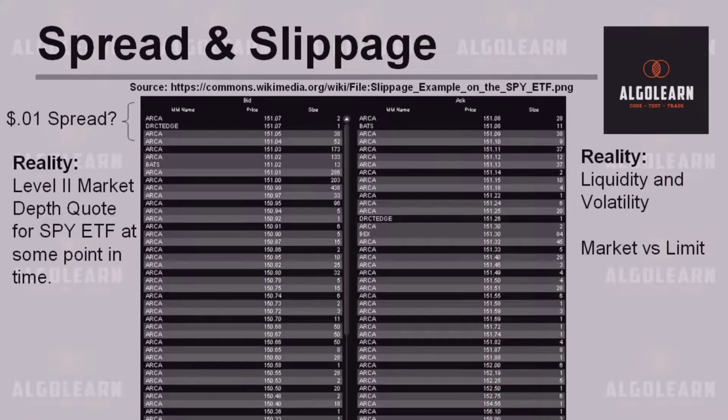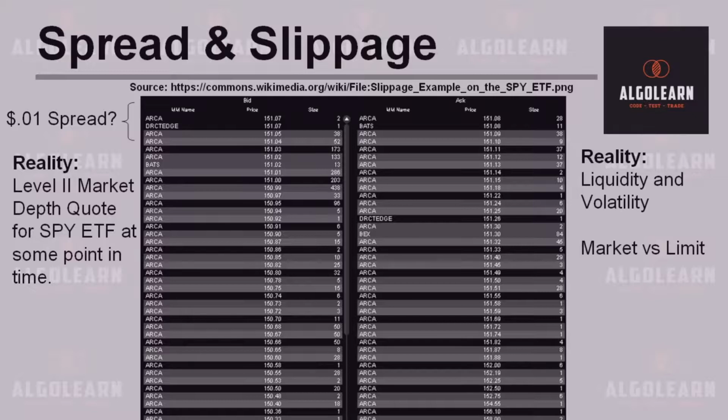Another view that I think you might find helpful is this spread, this slippage, if you will, and spread analysis. What we have here is a level 2 market quote of the SPY ETF at some point in time. A level 1 quote is probably what most people are used to seeing. It just shows the highest bid and the lowest ask.